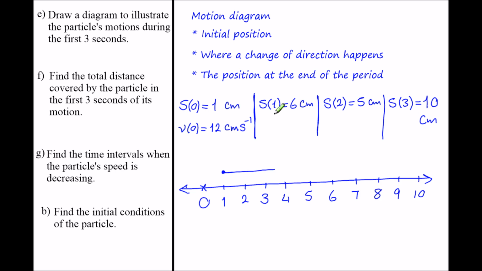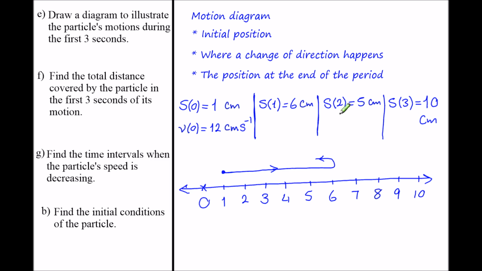But then after 1 second, when the object was 6 centimeters to the right of the origin, the first change of direction happens, and instead of moving to the right, now the object is moving to the left.